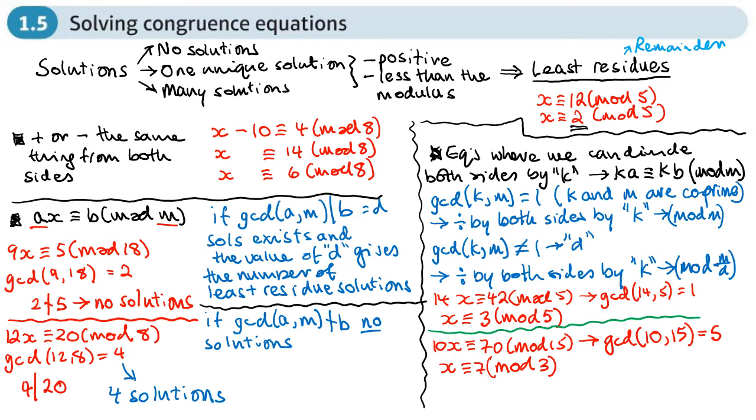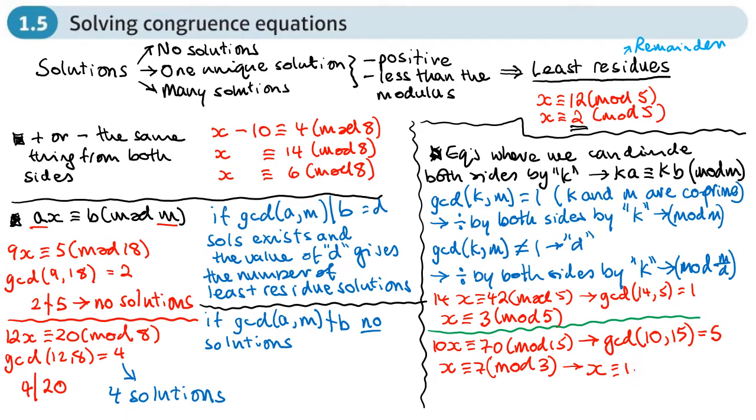Now, once we write that as a least residue by taking off multiples of 3, so take away 3, we get 4. Take away 3 again, we get 1. That will give us one solution, but we can go all the way up to the modulus of the original question. So we can go residues all the way up to 15 by adding 3 to the 1.